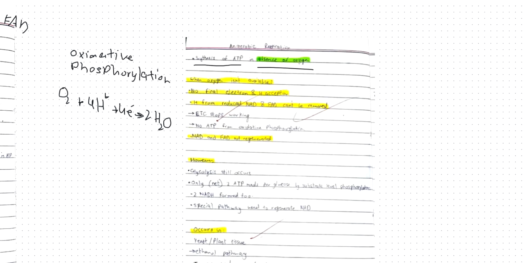So because there is no oxygen, there would not be any final electron and hydrogen acceptors. So the hydrogen from the reduced NAD and FAD can't be removed. So the reduced NADH would not become NAD and hydrogen. So no hydrogen would be released because there is no oxygen to accept the protons.